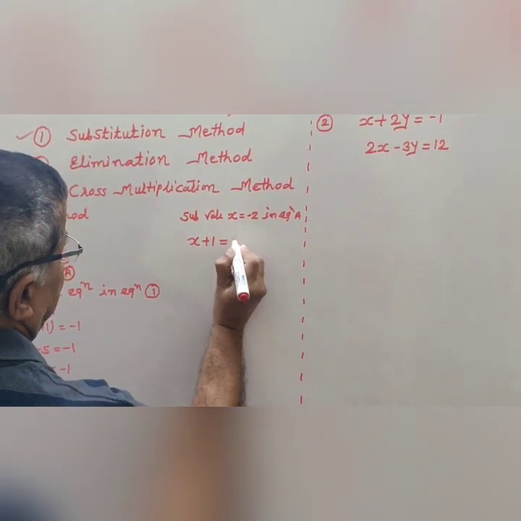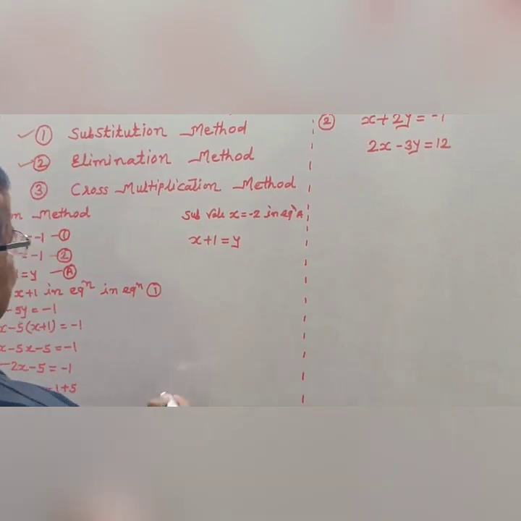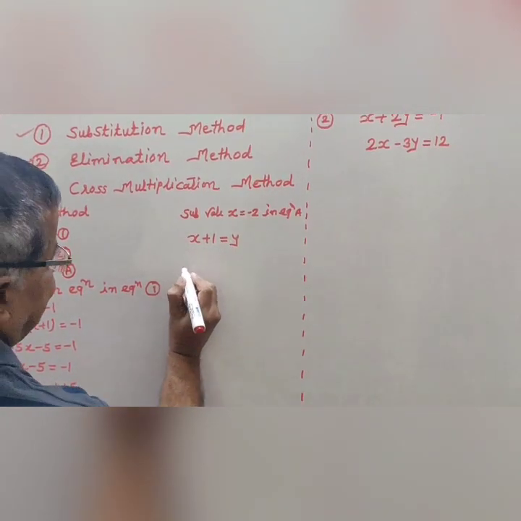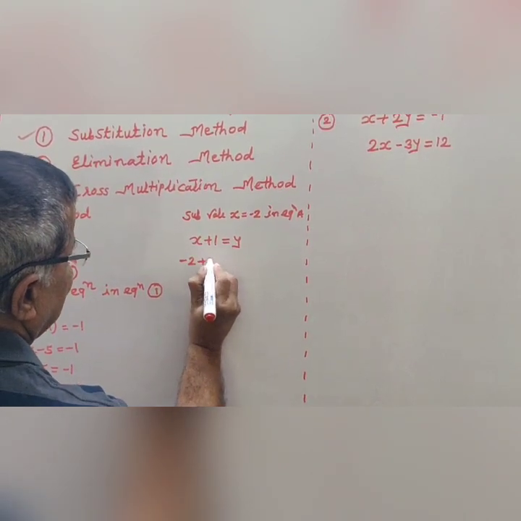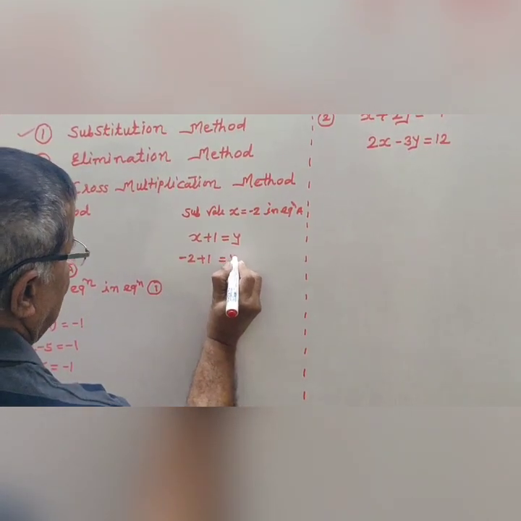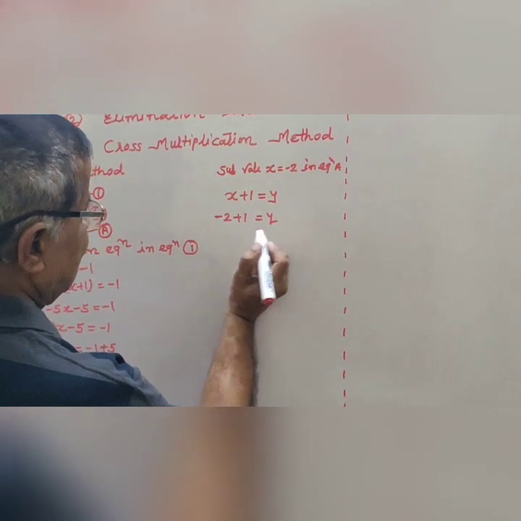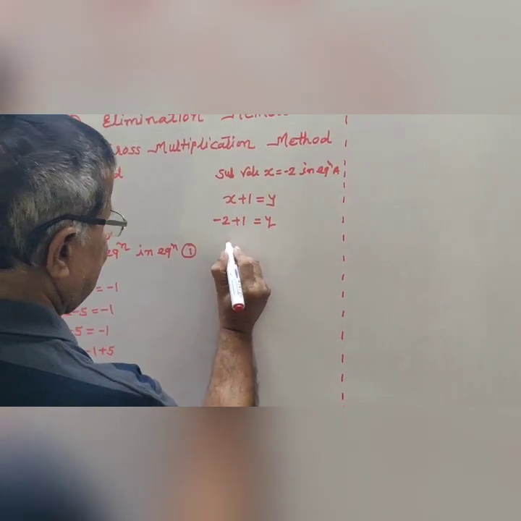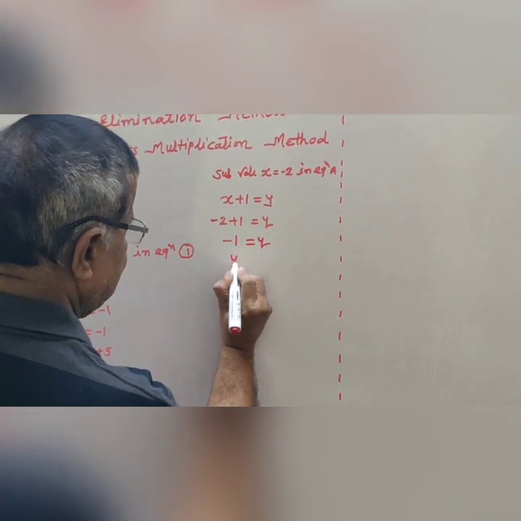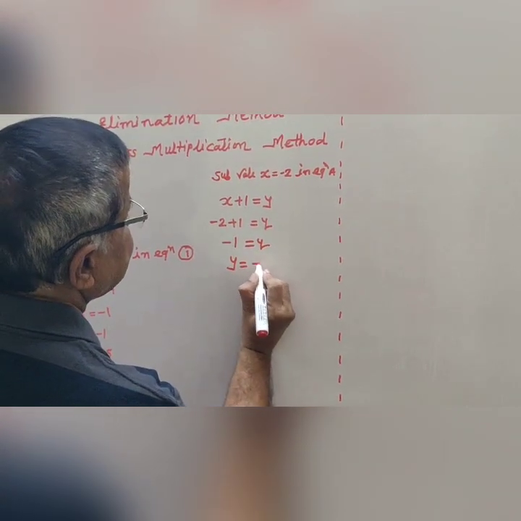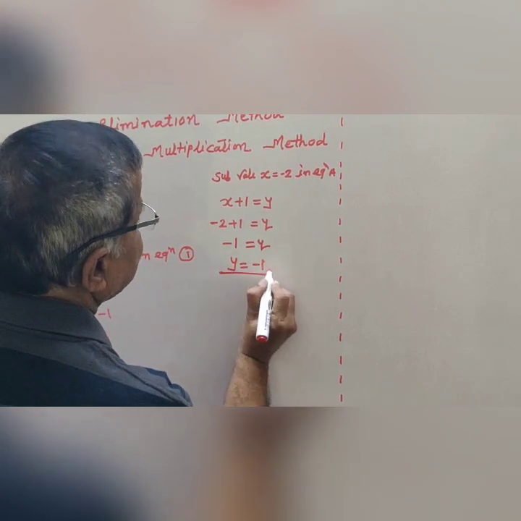This is your equation a. Now I will substitute the value of x. What will come here is minus 2 plus 1 is equal to y, that is minus 1 is equal to y. So y is equal to minus 1. This is the value of y.